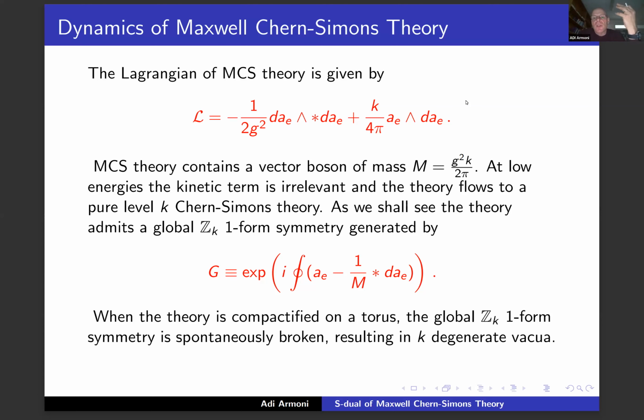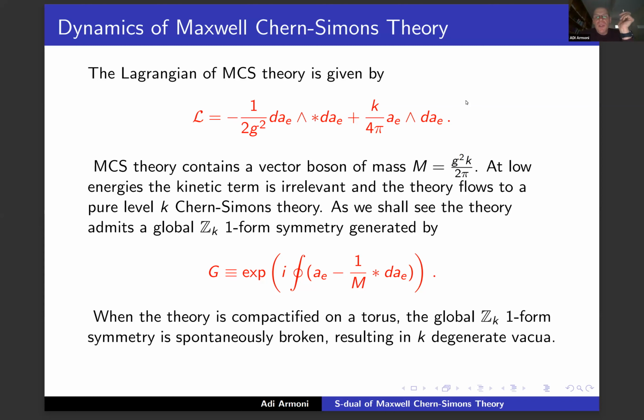So the infrared of the theory is just the topological Chern-Simons theory. So the full theory is a single vector boson plus a bit of a topological field theory. That's the only thing that remains at low energies, at long distances.